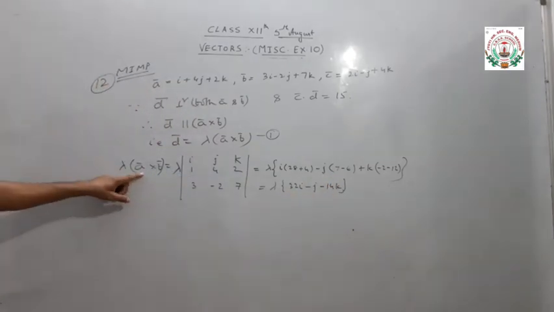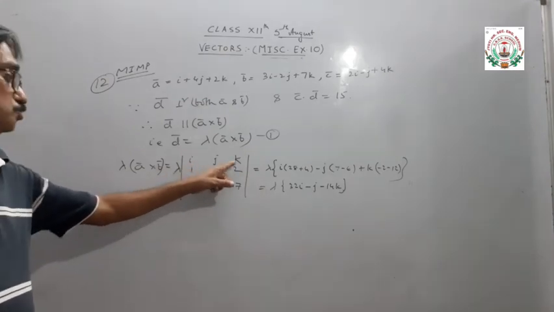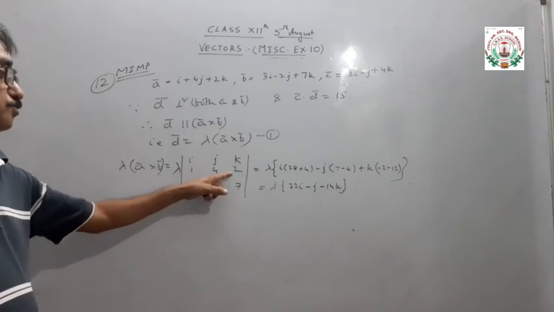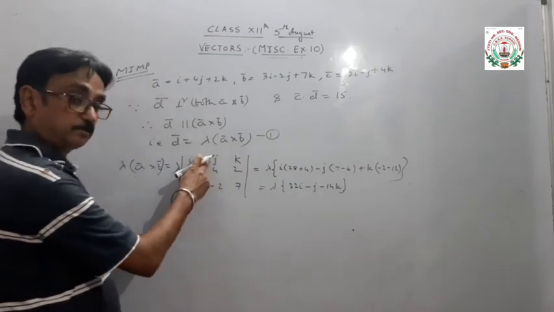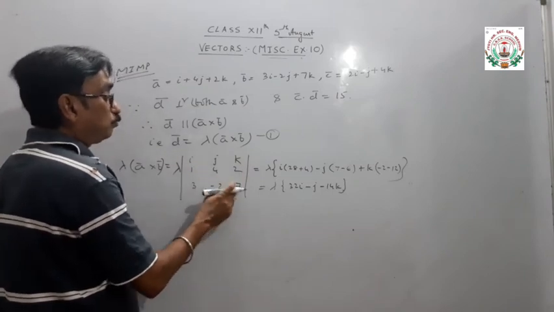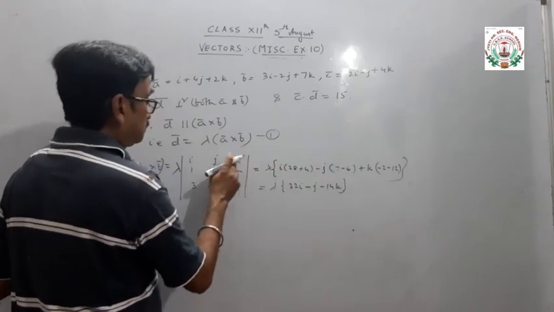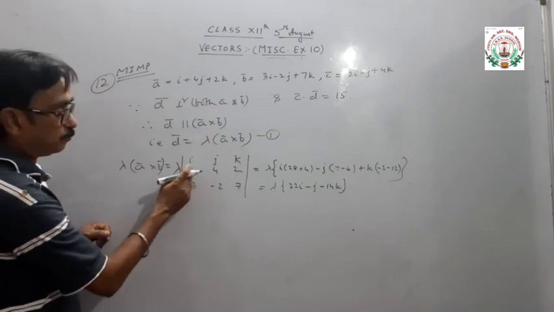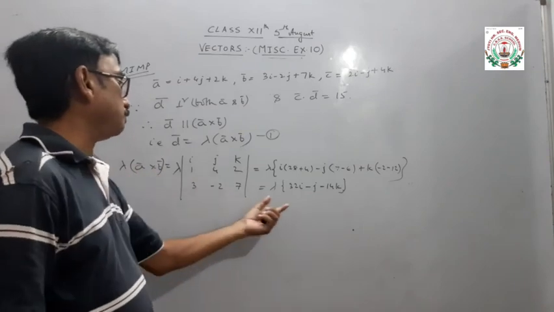Lambda we keep outside, and calculate A cross B: first row and first column deleted, 4 into 7 is 28 minus 2 into 2 is 4, that becomes 32. In the middle in a determinant comes a minus sign: first row and second column will be deleted, top to bottom minus bottom to top, 7 minus 6. Next plus k, first row and third column deleted, top to bottom minus bottom to top, minus 2 minus 12, minus 14. So we got the value of lambda of A cross B.